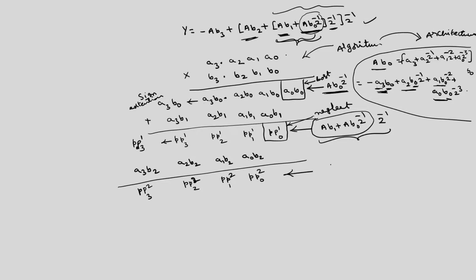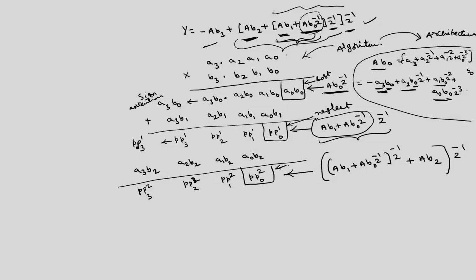So, the total result is a b1 plus a b0 times 2 raised to the power of minus 1, this times 2 raised to the power of minus 1, plus a b2 up to here. This entire thing we again have to shift with 2 raised to the power of minus 1, and finally we have to add this. If you want to shift this entire thing by 2 raised to the power of minus 1, then you neglect this and you extend the sign of this pp2. Then finally, you have to add minus A b3.